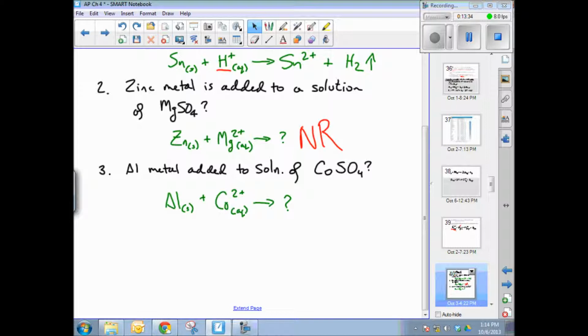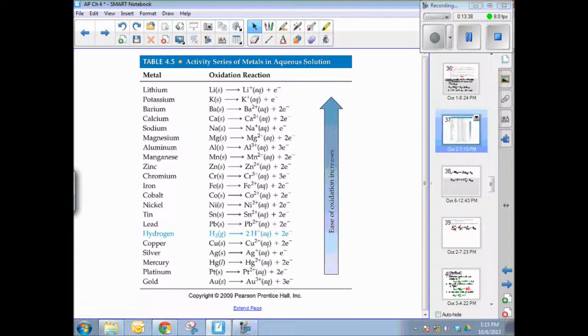Aluminum metal is added to a solution of cobalt sulfate. I think you get the idea right now, but let's look for aluminum metal right here added to a solution of cobalt sulfate, and cobalt sulfate then is Co2+. So this is the metal ion in solution. This is more reactive. So it's true that this will displace, aluminum will displace cobalt ion in solution.